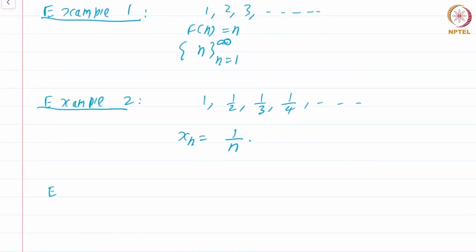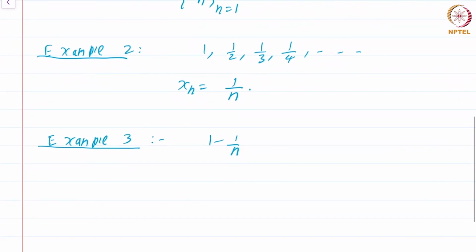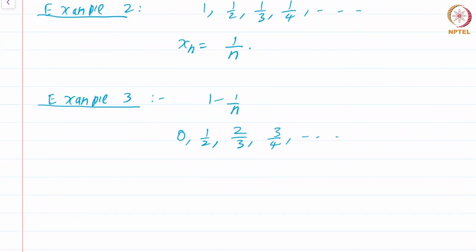Let's just twist this example a little bit. Let's consider 1 minus 1 by n, the sequence 1 minus 1 by n. The terms look like 0, half, 2 by 3, 3 by 4, and so on. This is a sequence that is ever increasing and seems to converge to the point 1.